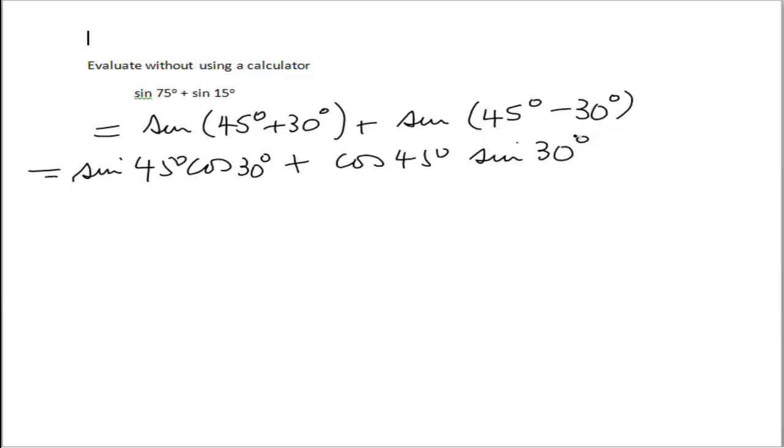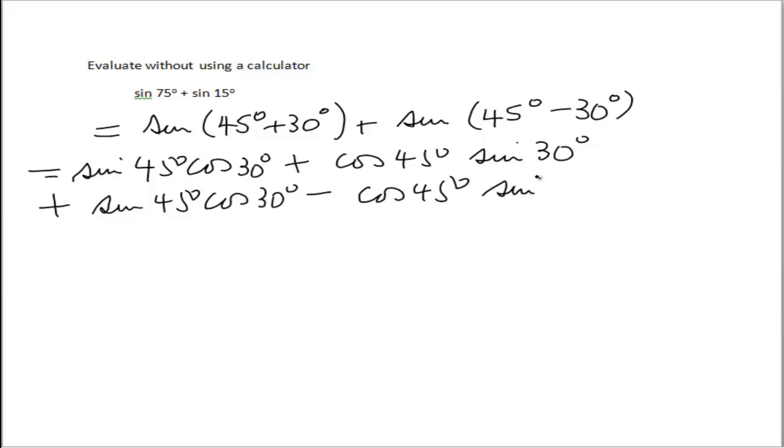Now remember I said we just write the plus sign here, and then you've got sine 45 cos 30 minus cos 45 sine 30 degrees.